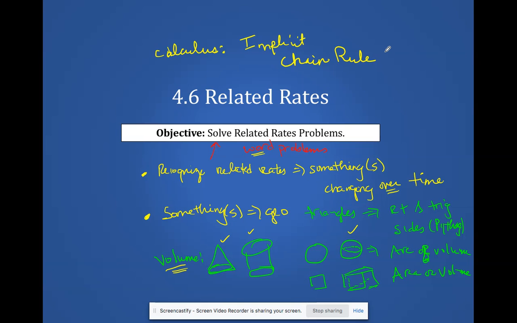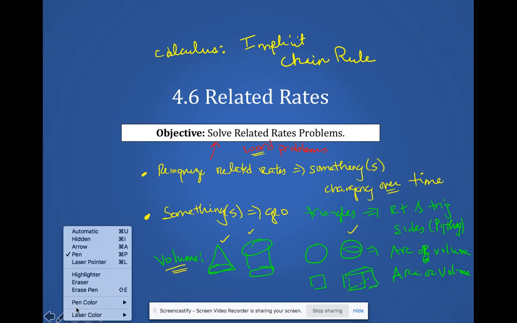So when you are done with the setup, which is all the beginning, recognize what shape, what equation. If you are doing calculus in a related rates problem and you're not doing implicit differentiation with the chain rule, you better go find a way to get that in there. So I'm going to do a problem that involves a sphere.